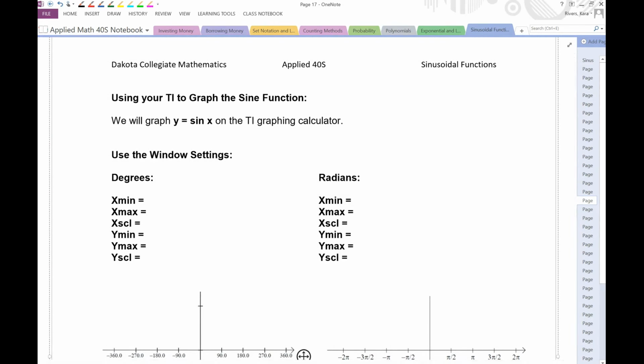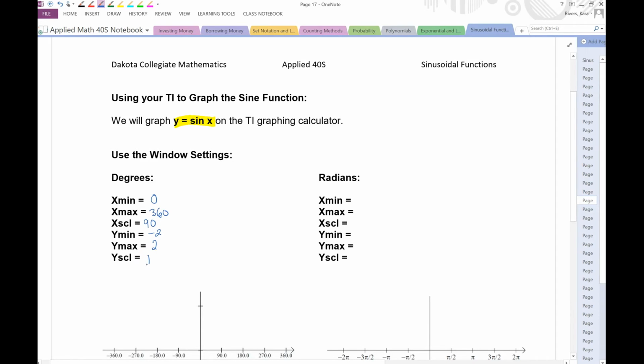So let's get a really good understanding of what this looks like and how we can actually see these functions on our calculators. The first graph we're going to look at is the sine graph, and you're going to want to make sure your settings are as follows. For degrees, you're going to want your x min to be 0, your x max to be 360, your x scale to be 90, your y min to be -2, your y max to be 2, and your y scale to be 1.